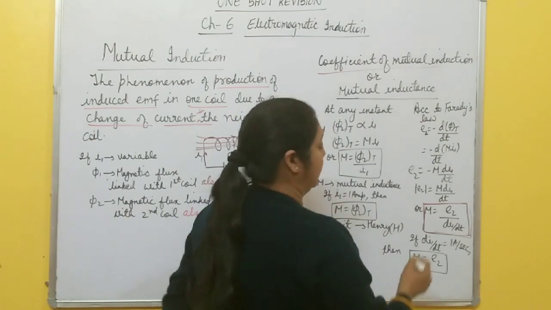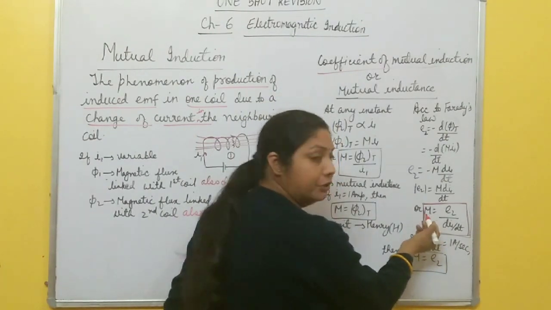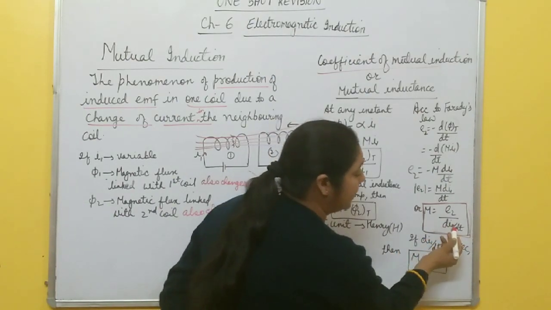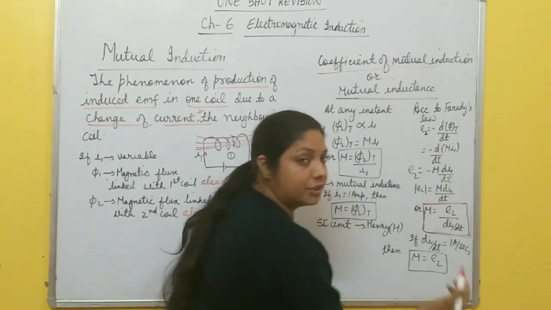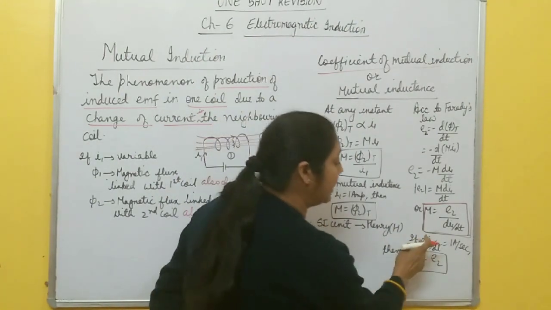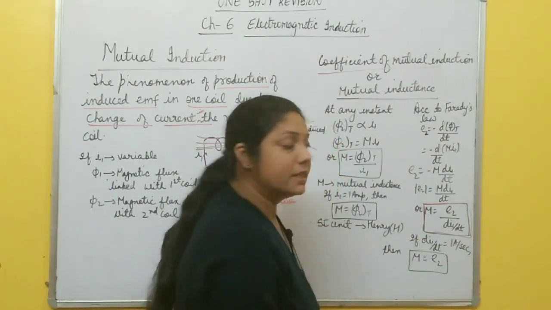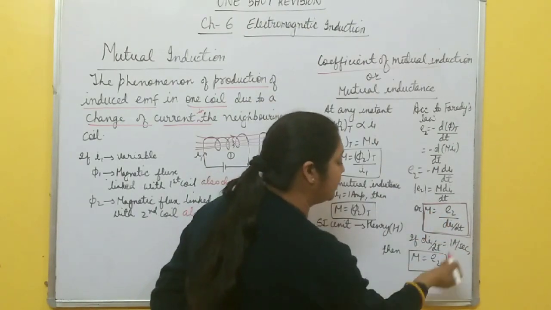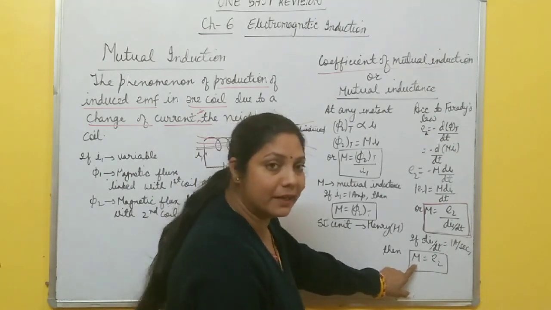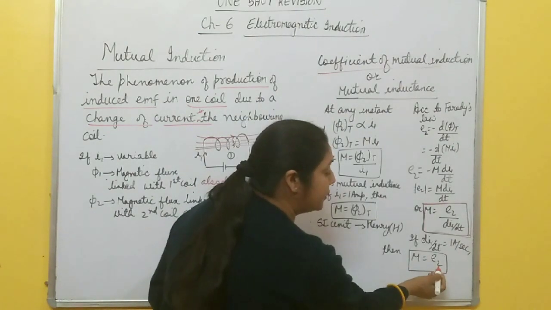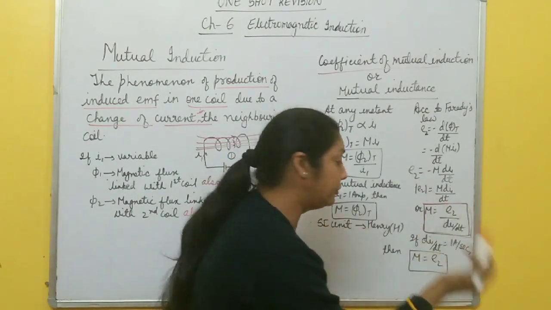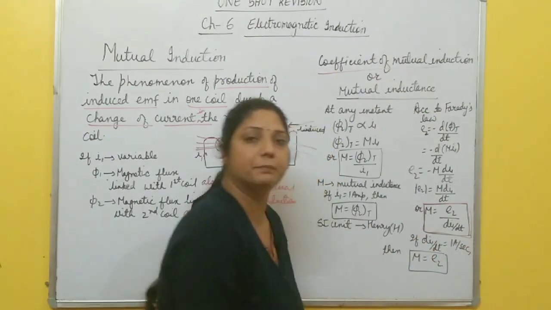From here, you can define the coefficient of mutual inductance in terms of induced EMF. If dI1 by dt, the rate of change of current in the first coil, is 1 ampere per second, then M is equal to E2. It means mutual inductance is numerically equal to the EMF induced in the second coil if the rate of change of current in the first coil is 1 ampere per second.